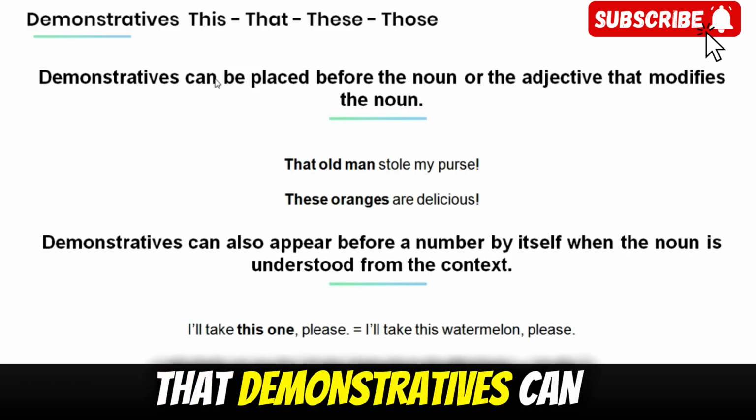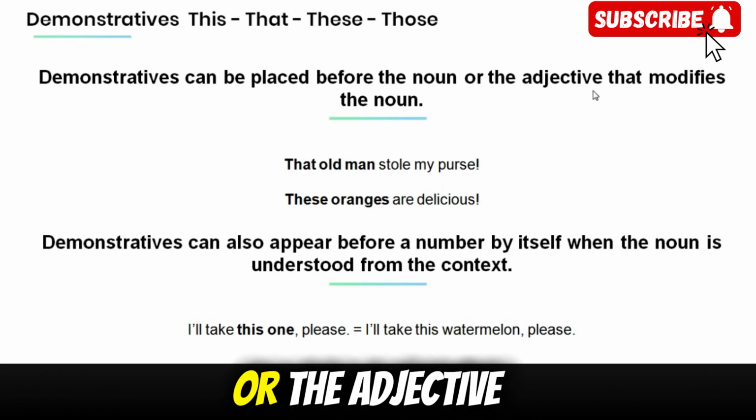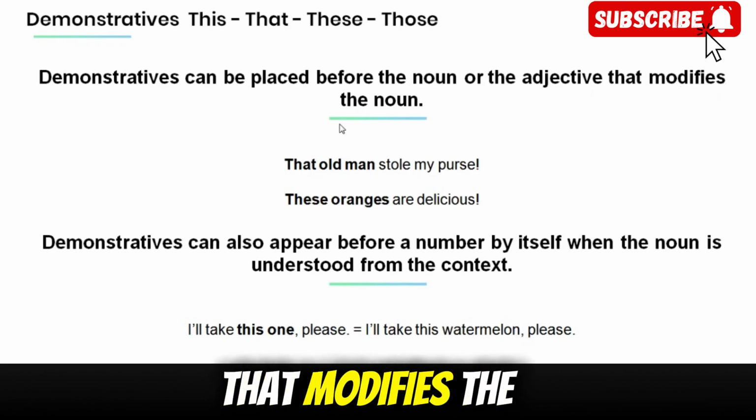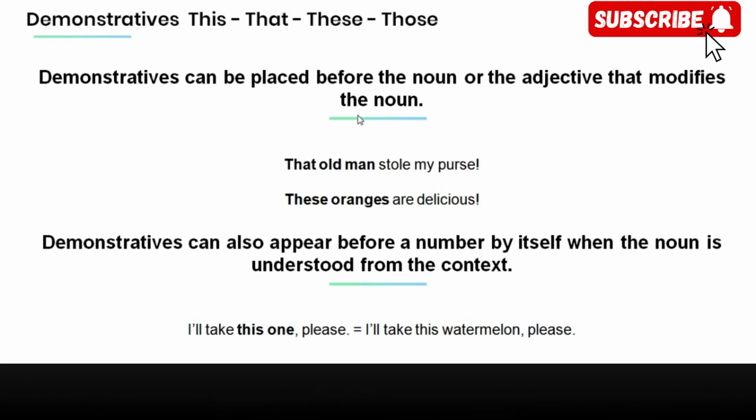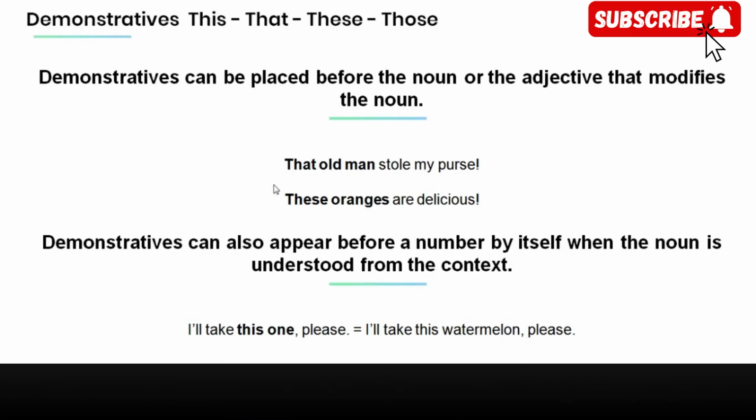Remember that demonstratives can be placed before the noun or the adjective that modifies the noun. Let's have a look at the examples below.